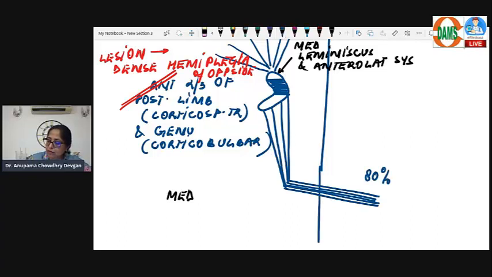And this crossing of the fibers to the opposite side is what is known as the motor decussation.